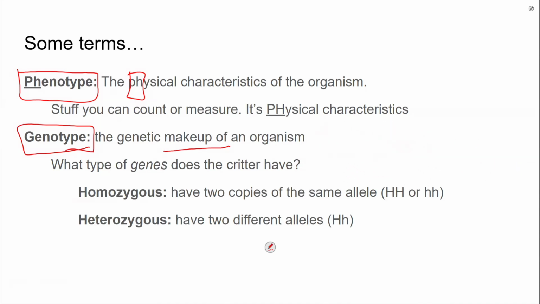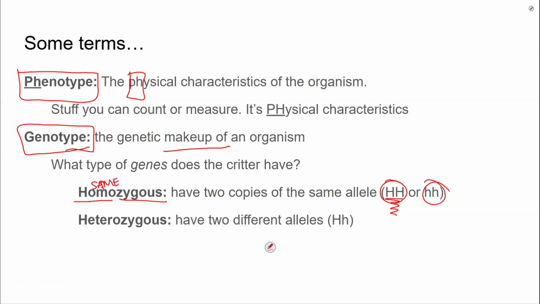If we have two types of the same allele, we're going to call this homo, right? So same: homozygous. These alleles are the same. These alleles are the same.